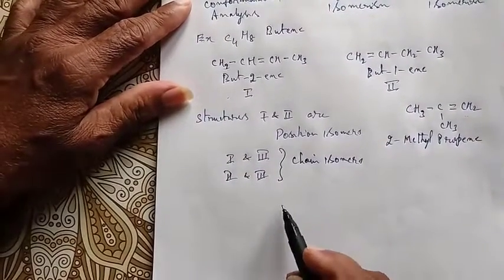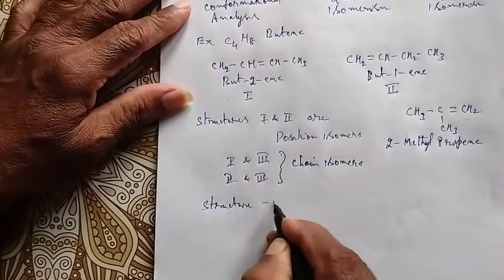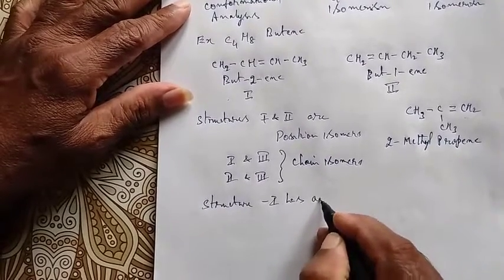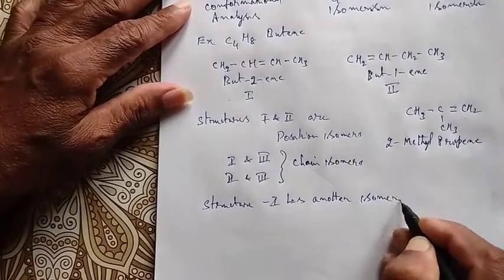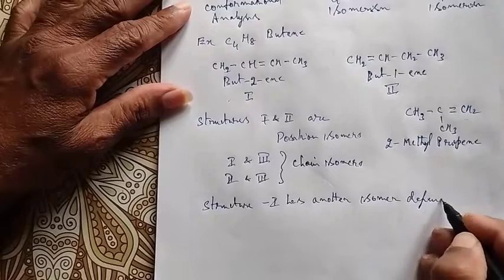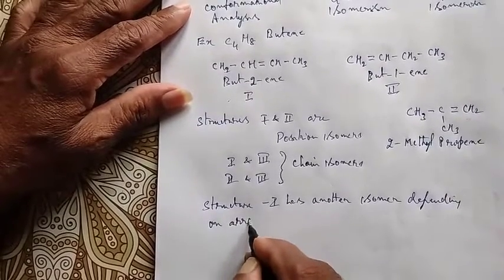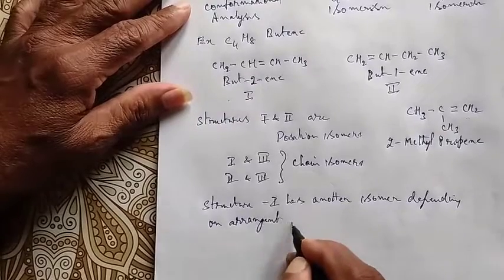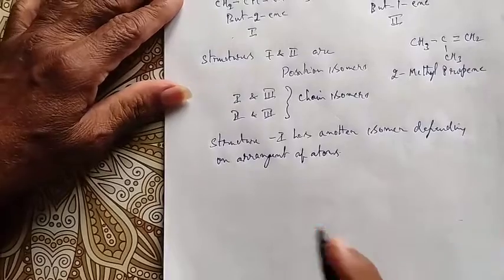Now it is observed that structure 1 has another isomer depending on the arrangement of atoms. How are the atoms arranged?